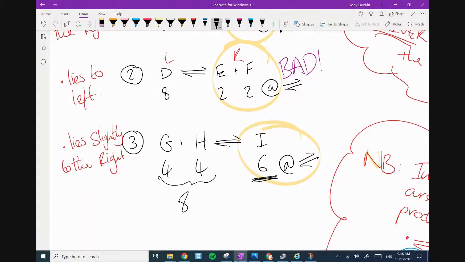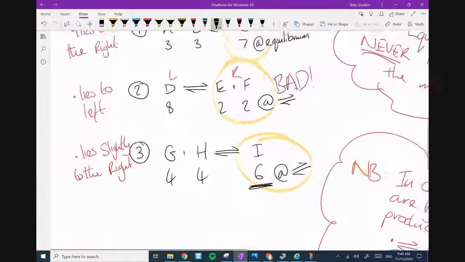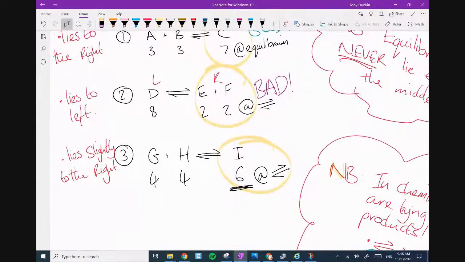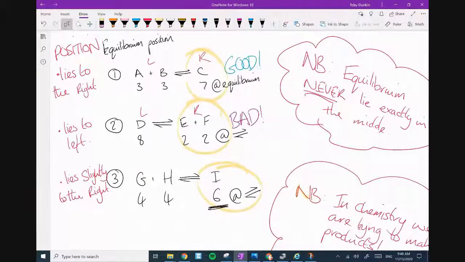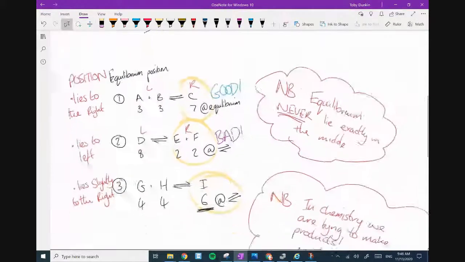No, it's not, because each one individually is 4. I understand why you've asked that, Ben. It's because we started off with 10 G's and 10 H's and now got 6 I's. Aren't you supposed to add the numbers reacting together? No, you're not. I don't want you to get too lost on that, Ben. Don't worry about it for now, because you don't need to worry about that until A2, so we can just ignore that for now.